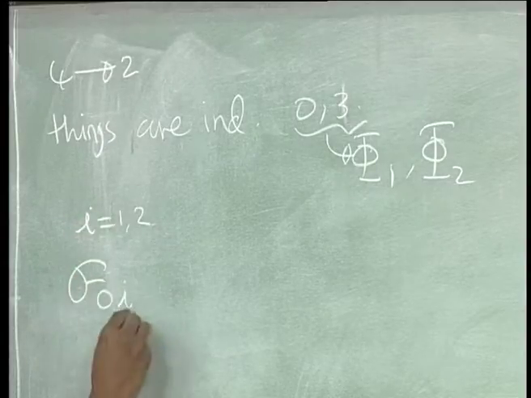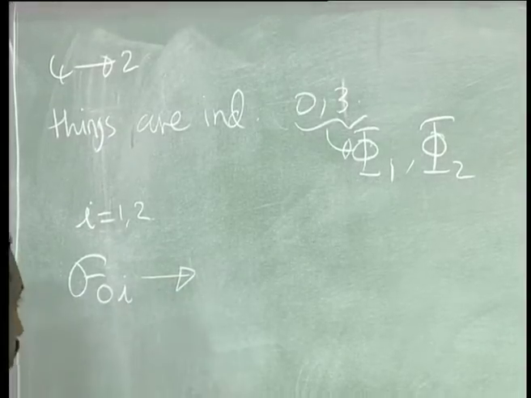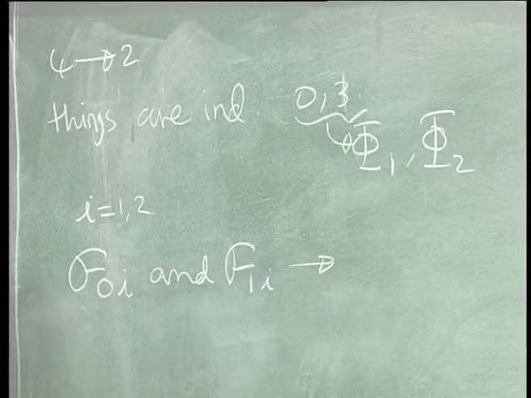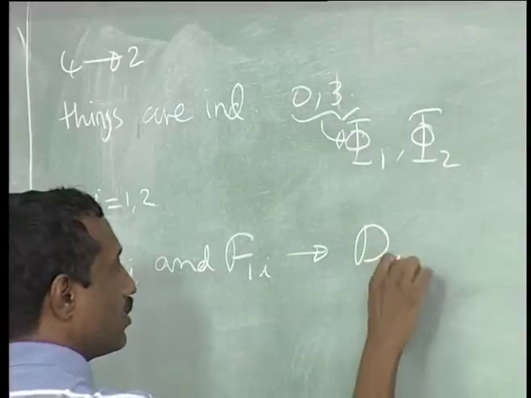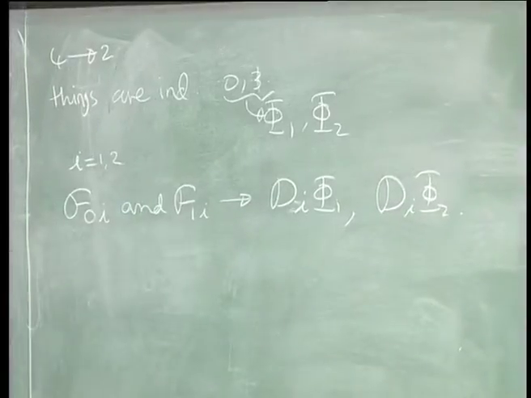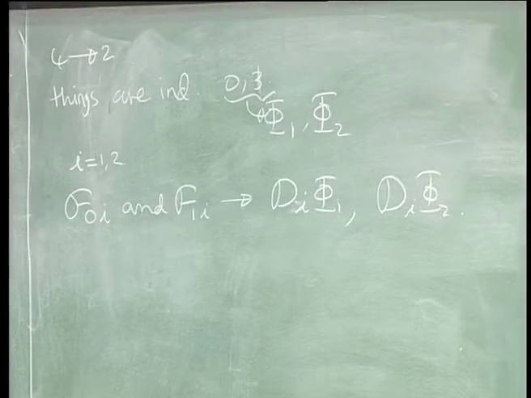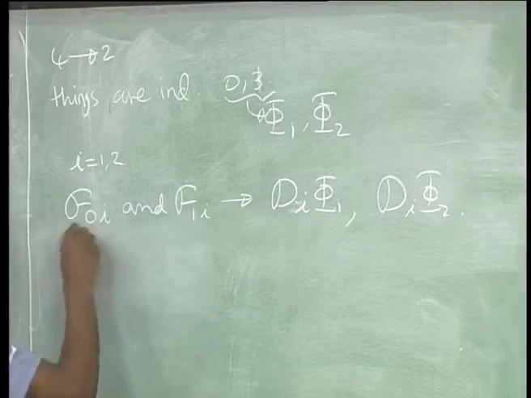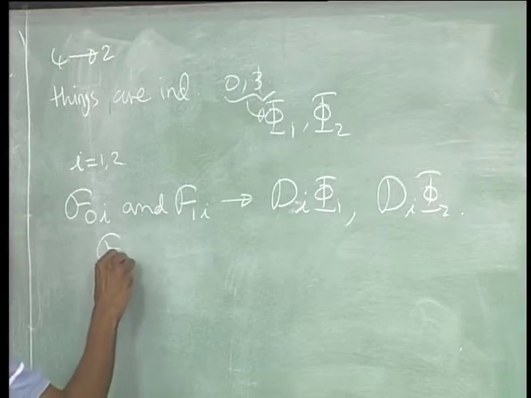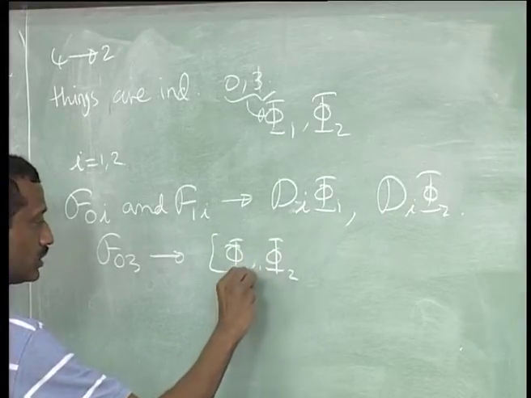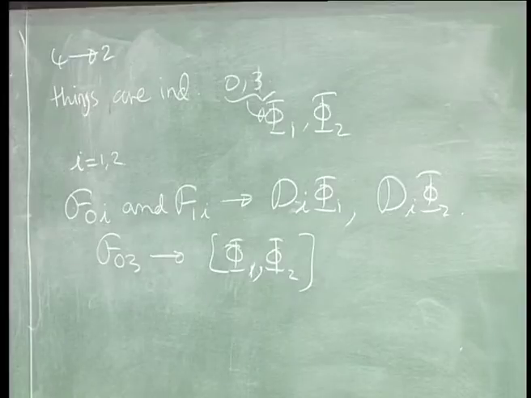So, F0I and F1I will go to D of phi 1 and D of phi 2, and Fij will remain F12. But there is now the other bit which we saw already: F03 will go to the commutator of phi 1 and phi 2. I am very loose here with signs; the structure is much more important.